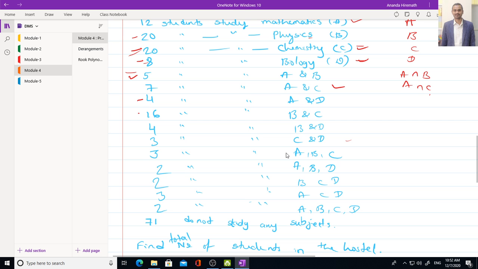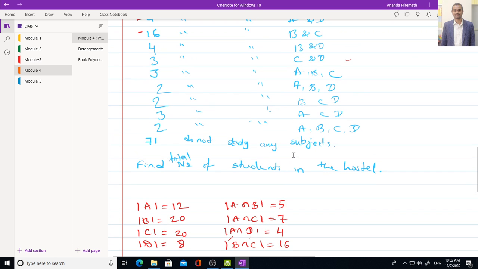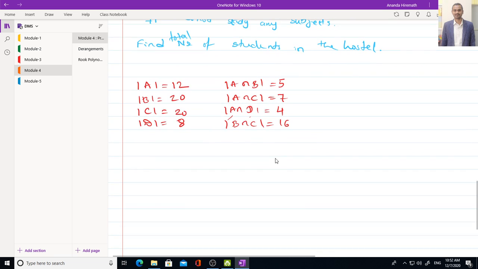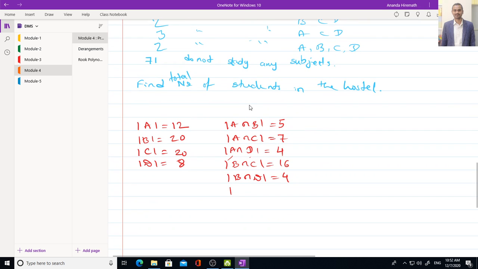The next is 16. B and C is 16. Then B and D is 4. Next we have C and D is 3.